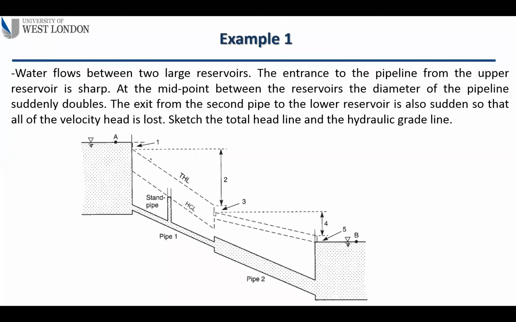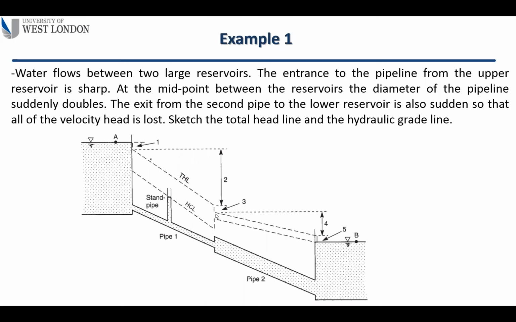So this is the total headline after deduction of the expansion loss. Here the velocity head has this reduced amount, and the rest is occupied by the HGL. The pressure head takes up the rest of the energy headline. So we have an increase in pressure head and a reduction in velocity head.